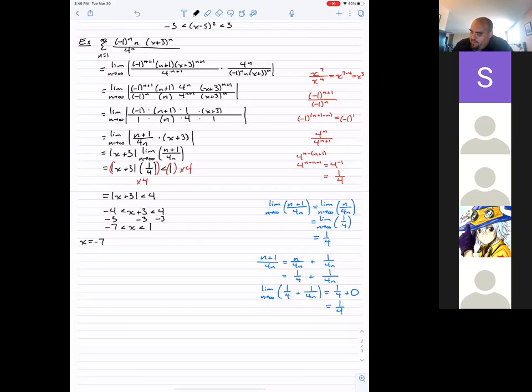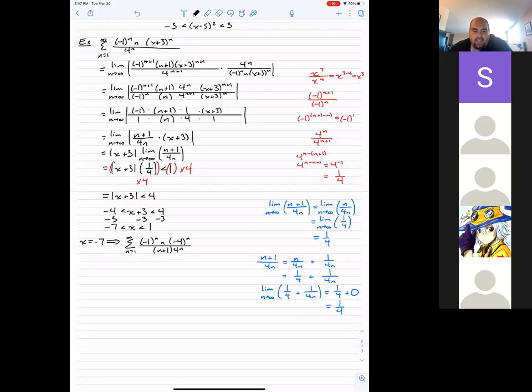So x equals -7 gives me this series: -1 to the n times n times -4 to the n, all over n plus 1 times 4 to the n. So we're no longer dealing with a power series, we're just dealing with a series whose only variable is n.